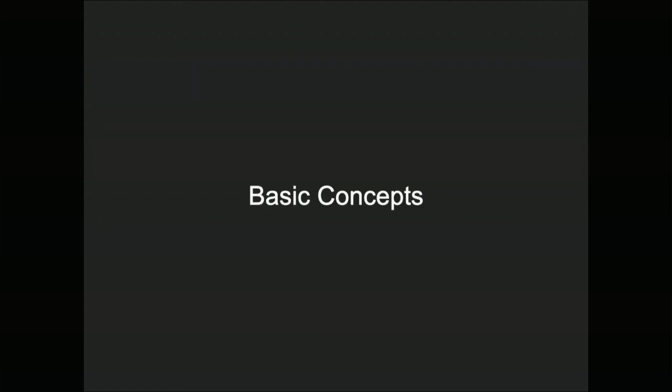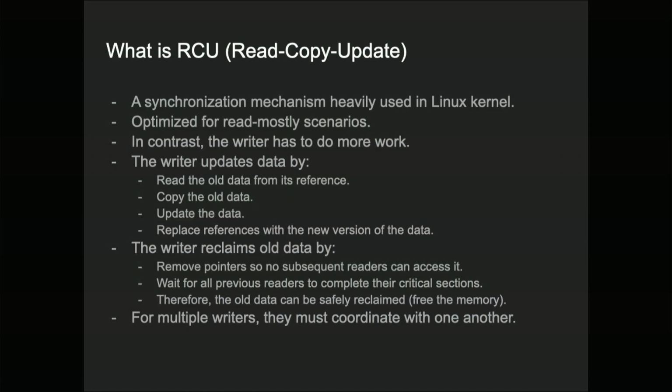Let's set the stage by discussing some basic concepts. The first thing we should know is what RCU is. RCU stands for Read-Copy-Update, and it is a synchronization mechanism. There are other mechanisms such as spin locks, semaphores, and mutual exclusion.